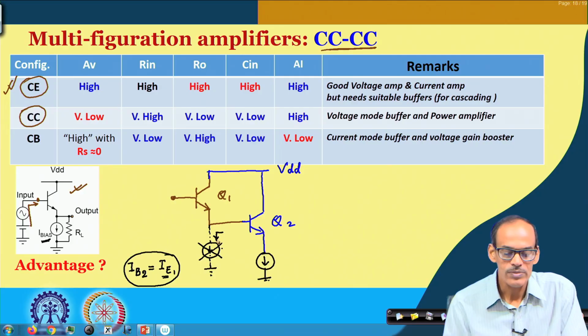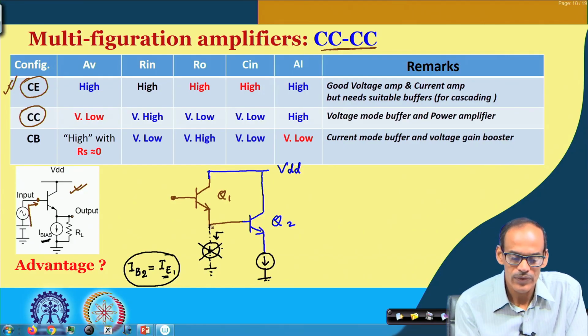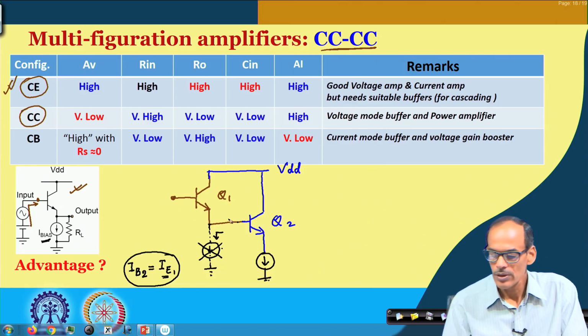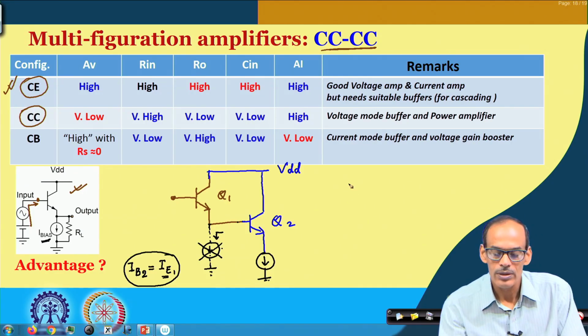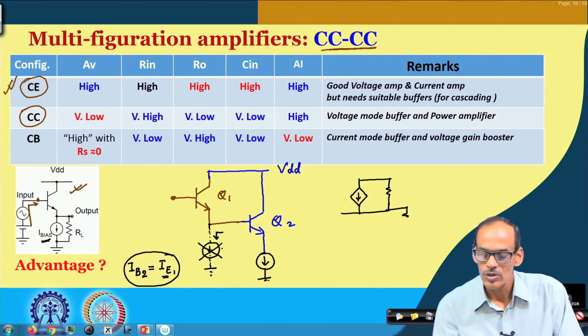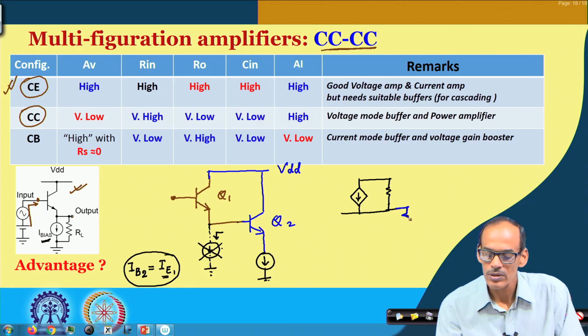If I draw the small signal equivalent circuit, and we are feeding the signal directly to the base of the first transistor, then we can draw the small signal model of the first transistor, followed by the second transistor. Let me use that blue color just for consistency with the other diagram.